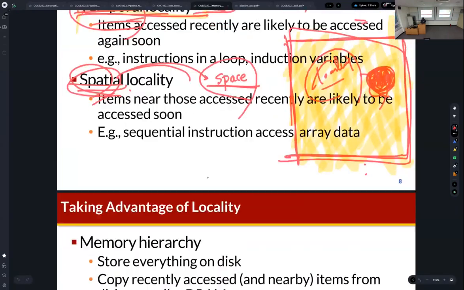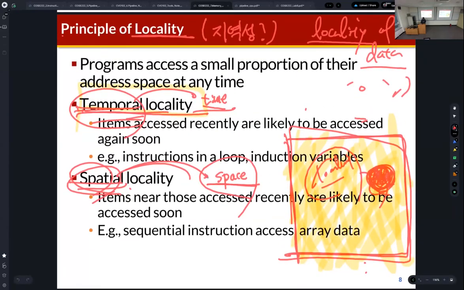This is also very important: you need to understand data locality. There are two kinds of locality observed in our workload: temporal locality and spatial locality.